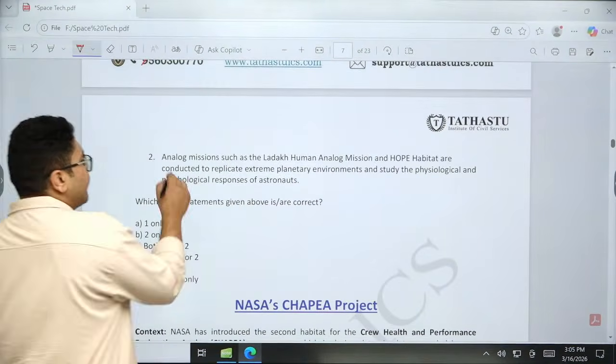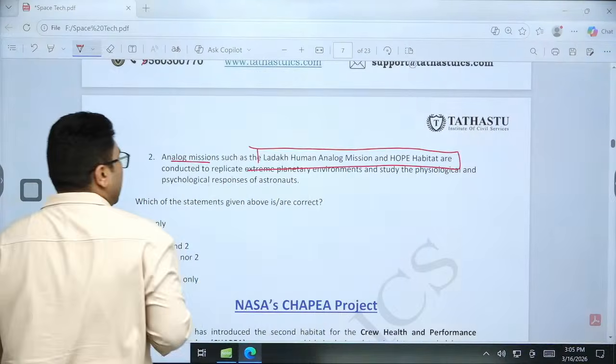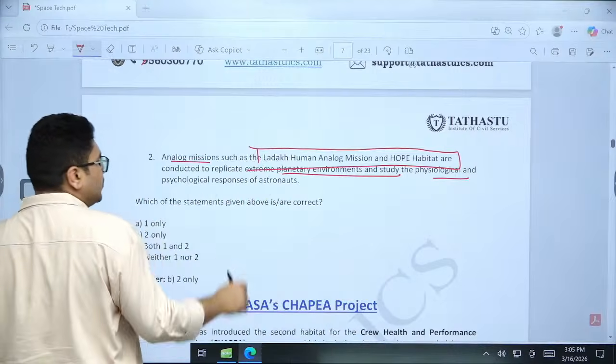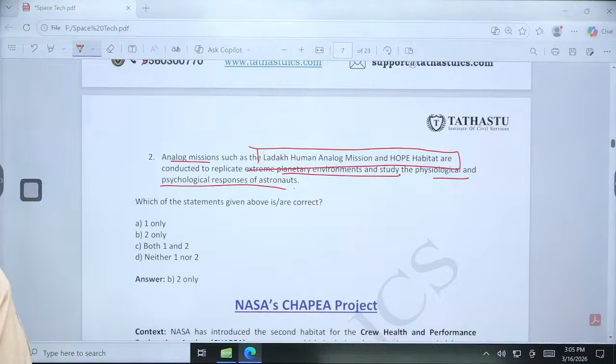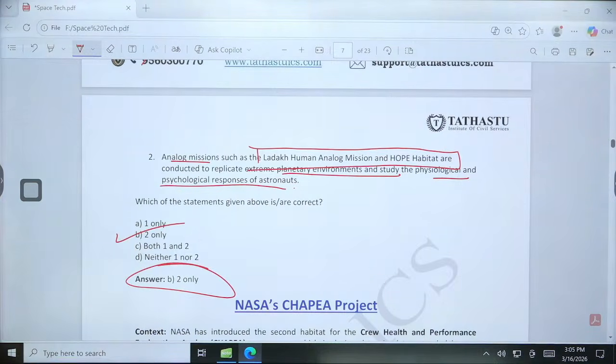Then analog missions such as Ladakh Human Analog and Hope Habitat are conducted to replicate extreme planetary environments and study physiological and psychological responses of astronauts. True, there is no problem. Therefore, the correct answer is B, 2 only. Able to follow?